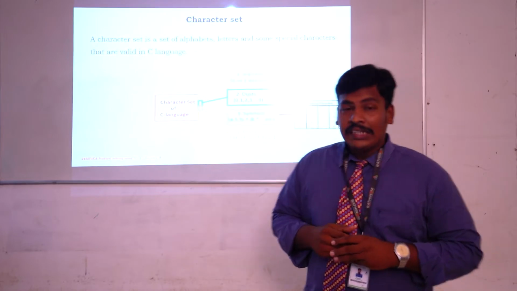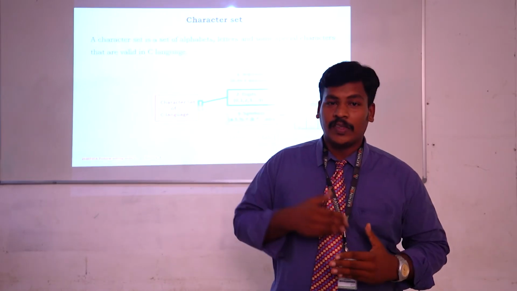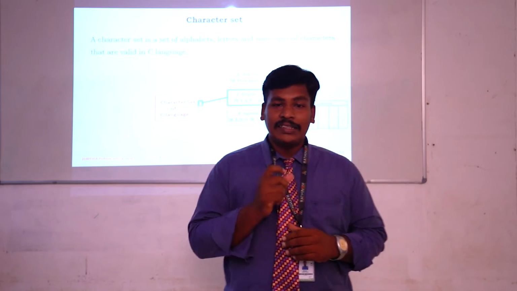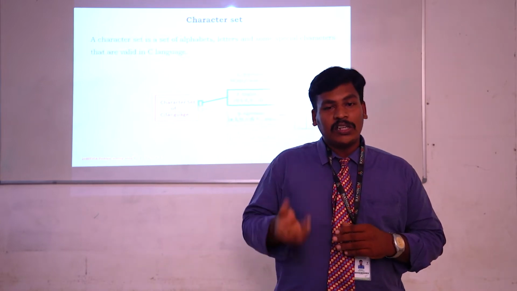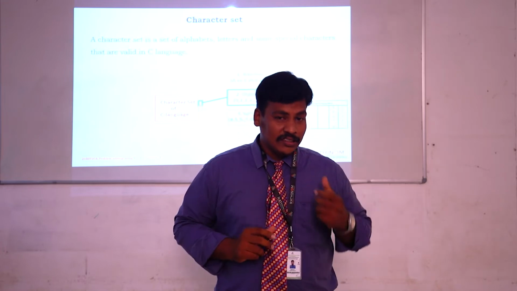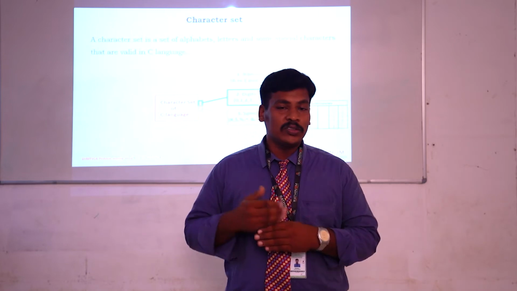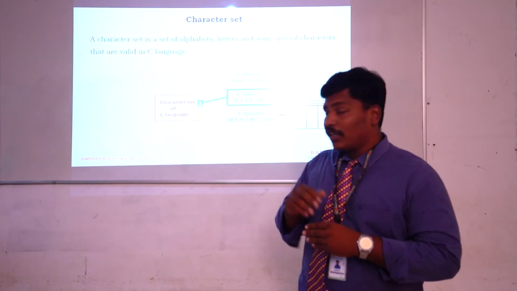Character sets. C allows alphabets, digits, numbers, then special characters. The alphabets means C allows A to Z, uppercase and lowercase. Both cases C allows. Then C allows the digits, from 0 to 9, used anywhere in the C language. There are also symbols.